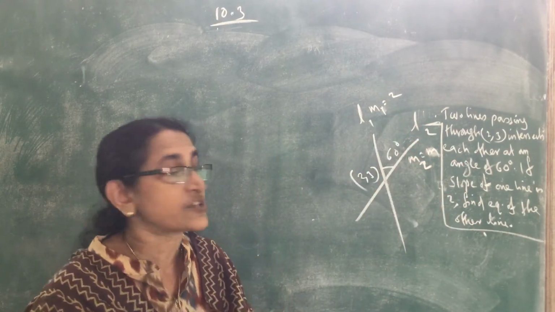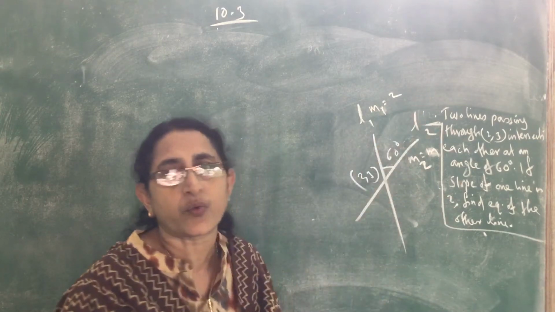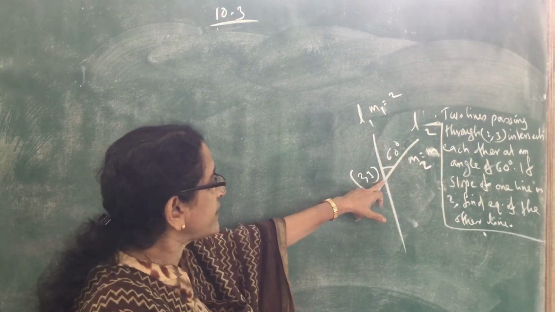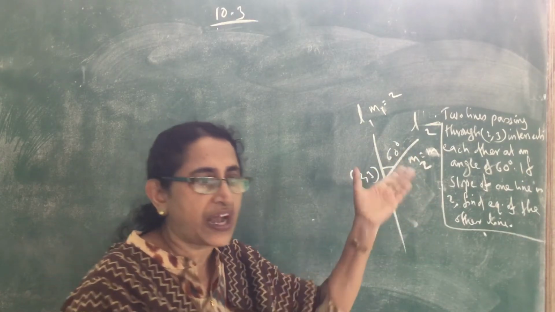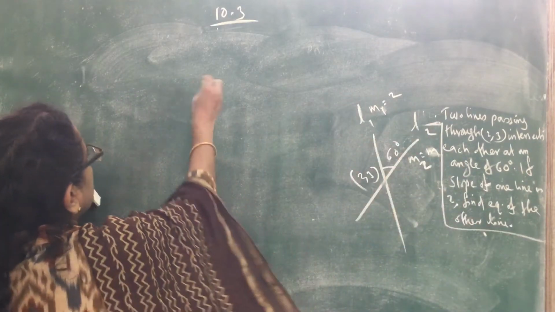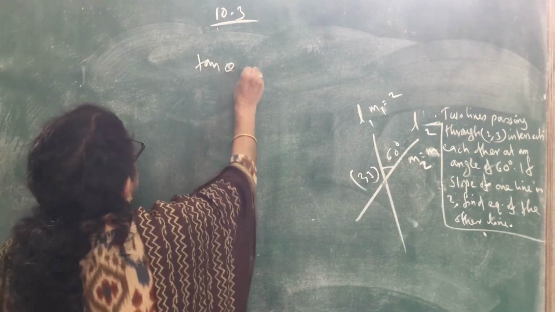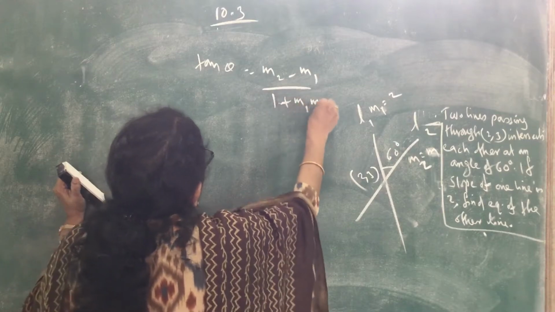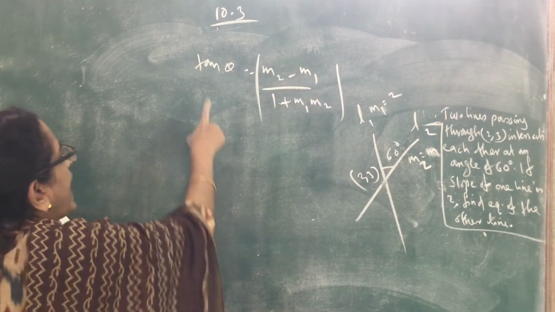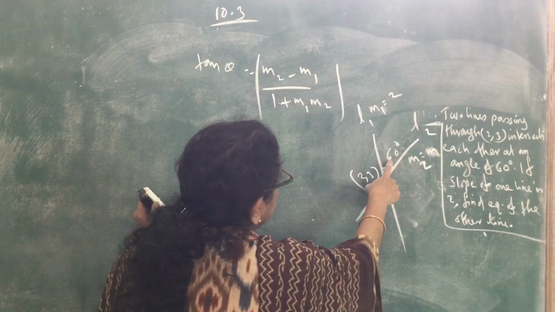So first we will find the slope of line L2, then we can find the equation of line L2. One point, the common point, is given, then using this angle we can find the slope of the line L2. So we can use this formula: tan theta equals modulus of (m2 minus m1) by (1 plus m1 m2). Theta, the angle between the lines, is 60 degrees, that is given.